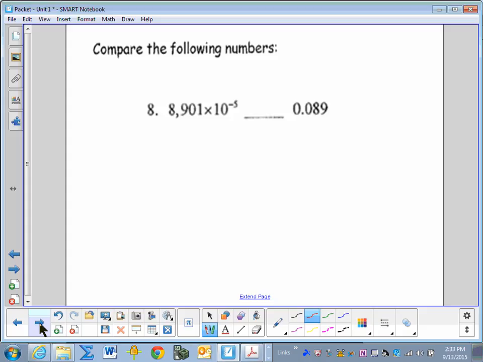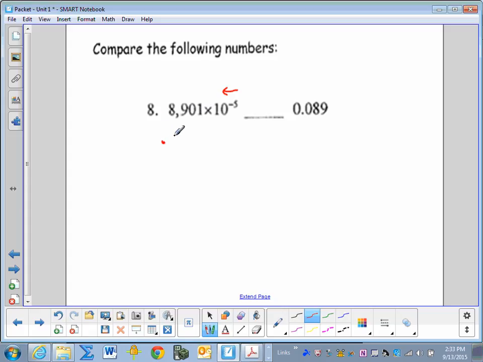Compare the following numbers. 8,901 times 10 to the negative 5 compared to 0.089. So I need to move the decimal place. It's negative, so I'm going to the left. I'm going to start here and go 1, 2, 3, 4, 5.